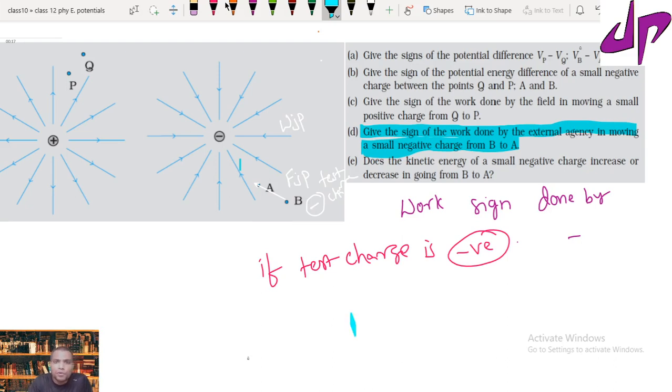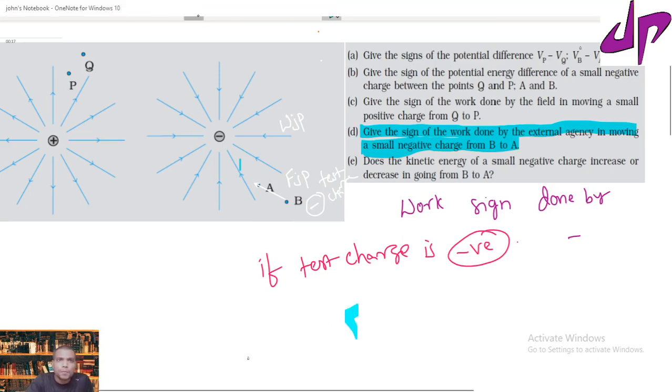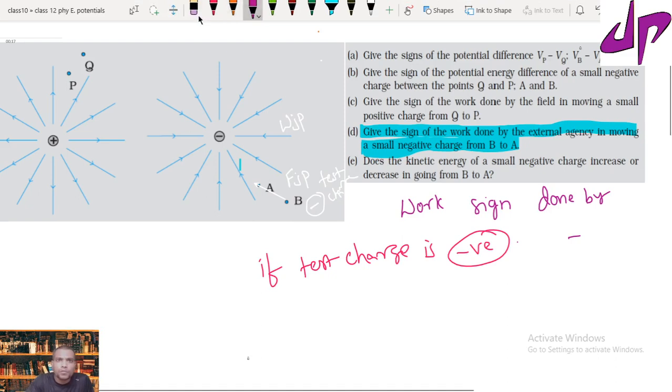So my force direction and my displacement direction are both in the same direction.